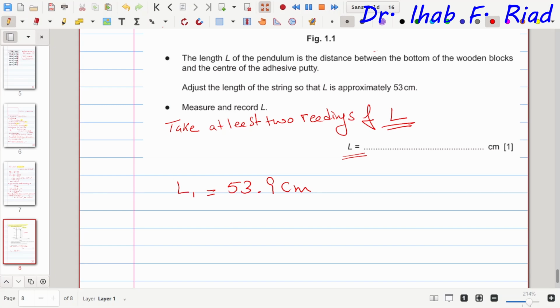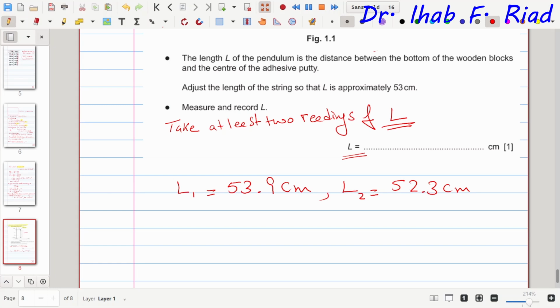So he wants you to show him that you have taken at least 2 measurements for the length. This is how they like this question to be answered. So take L1 and L2, 52.3 centimeter.